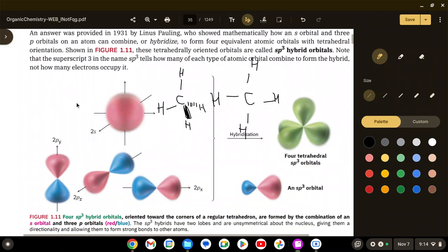So you're taking your s, plus the 2py plus 2pz plus 2px, and you get 4 sp3 orbitals. And then they orient themselves relative to each other.